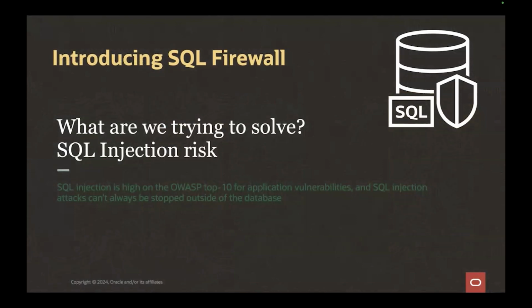Now, let me just give you a brief of what we are trying to solve with this feature. If you're in the industry of security, it's very rare that you wouldn't have come across this SQL injection risk. It's one of the high on the OWASP top 10 of the application vulnerability.